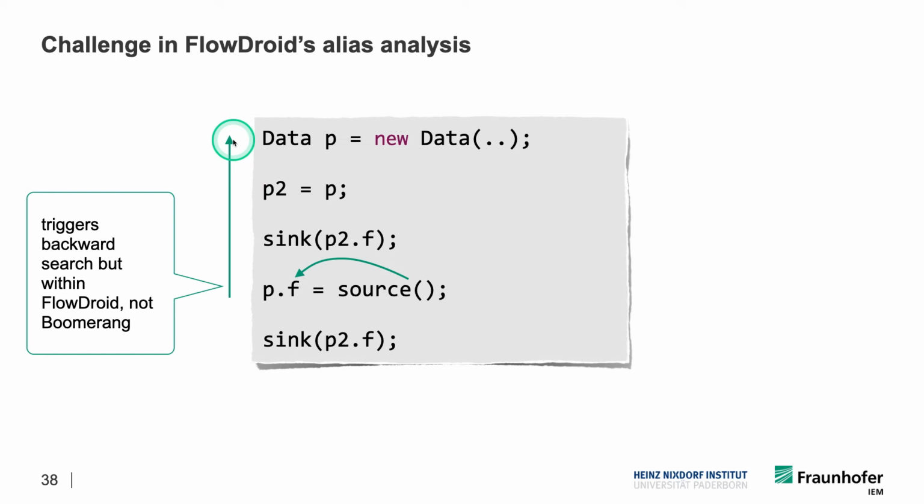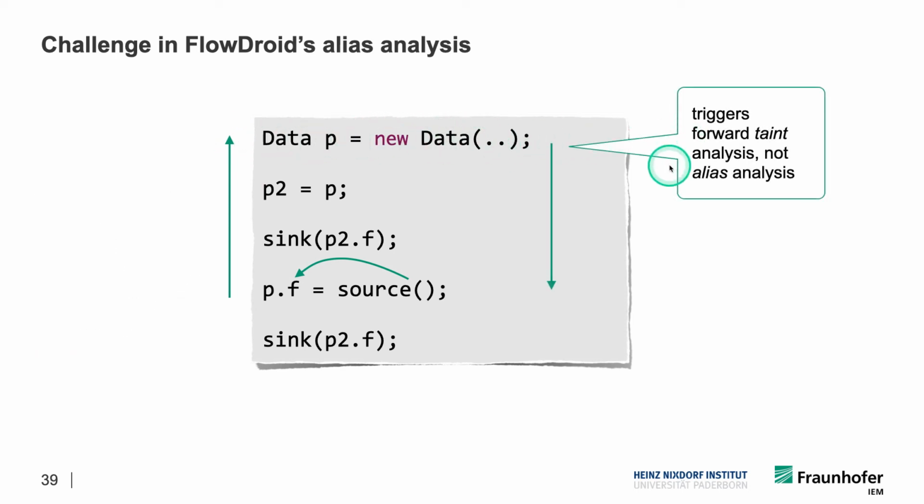Okay. And now when we reach the allocation site up here, this again triggers a forward analysis, but like I explained to you, this is now a forward taint analysis. It's not an alias analysis because, in boomerang we would be propagating aliases now, but this is within FlowDroid, so we are propagating taints.